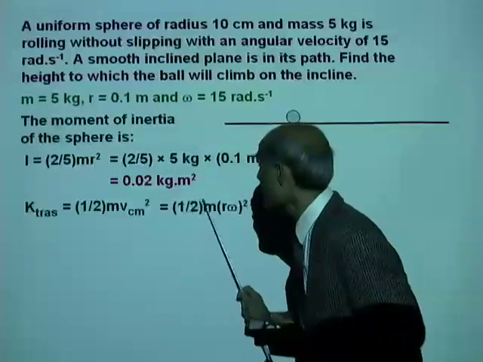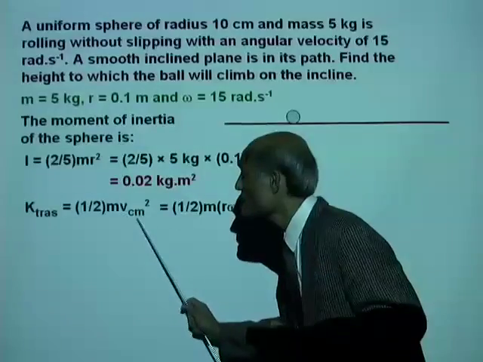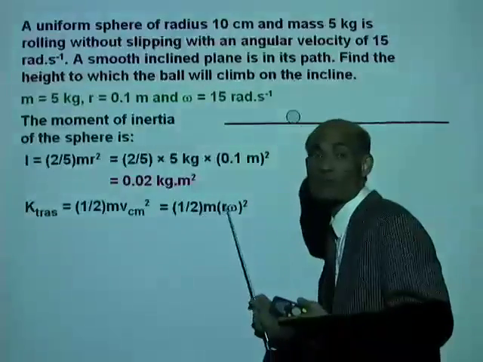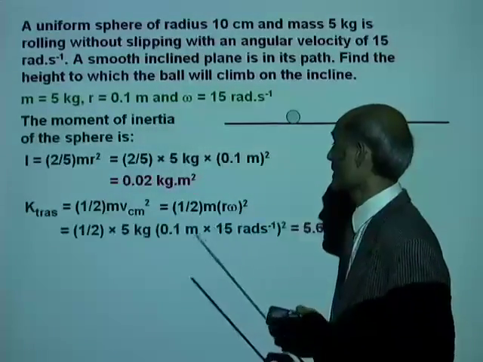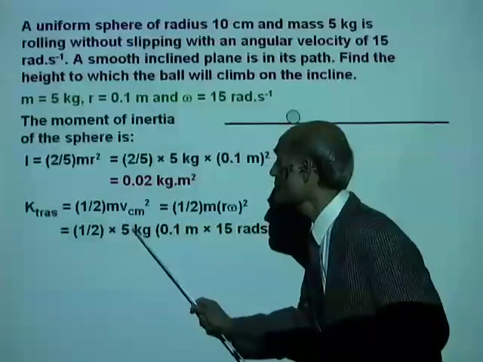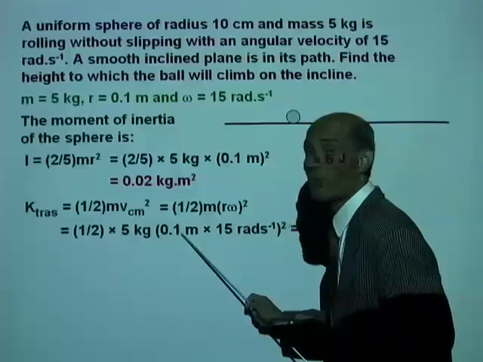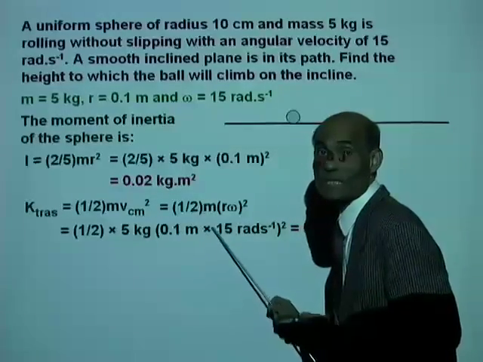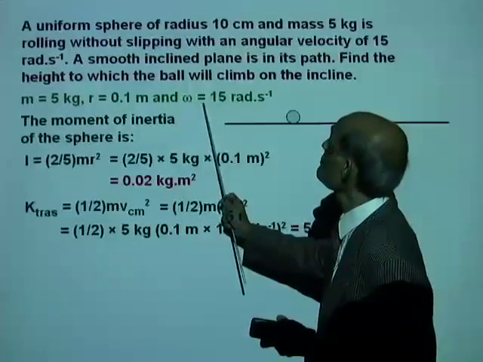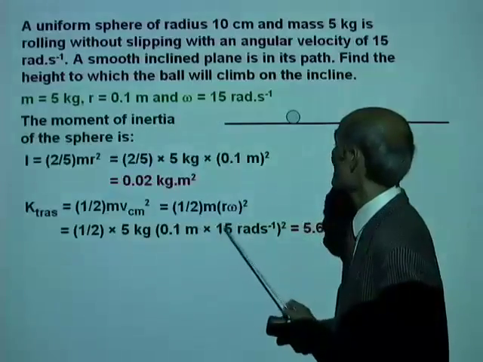So that will be 1/2 m times, I replace this v center of mass by r omega. And that will be 1/2 times m is 5 kilogram, r is 0.1 meter, and omega is 15 radian per second.